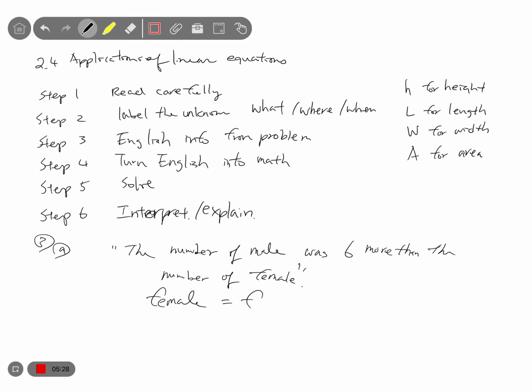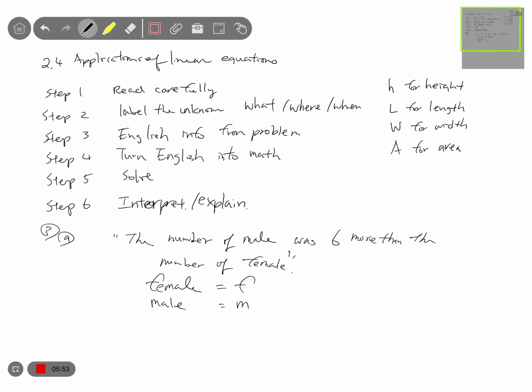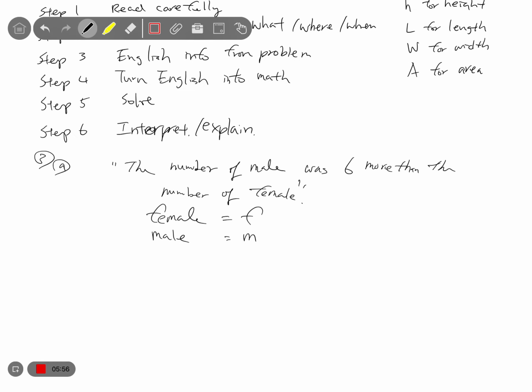So what we could do here is add an extra variable for male. So I'm going to say male means M. Once we have our labels all set and we got our information, the number of male was 6 more than the number of female, now we can work on the English to math part, step 4.